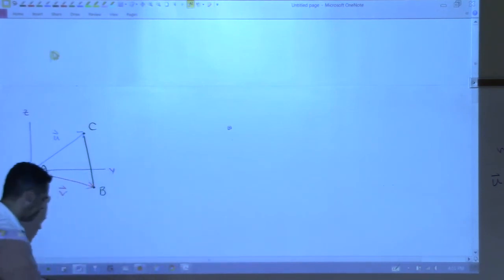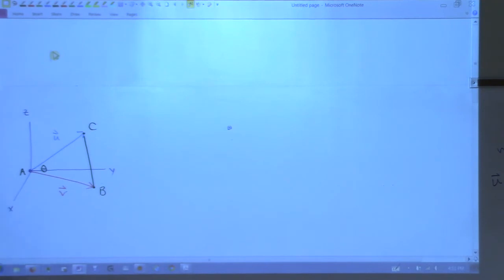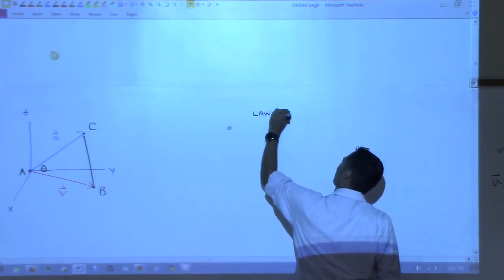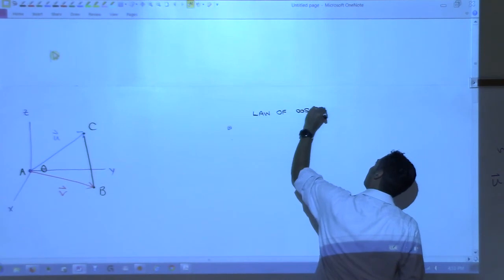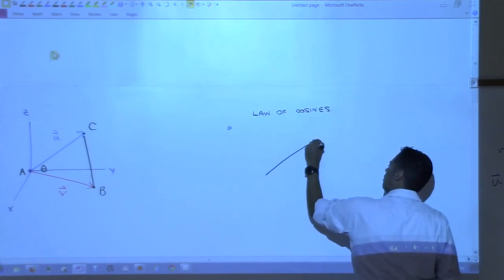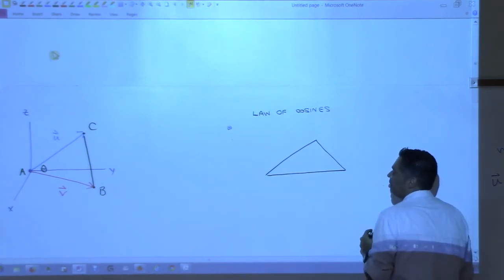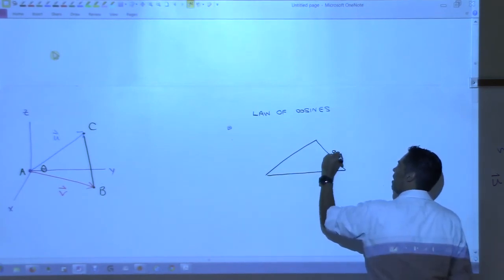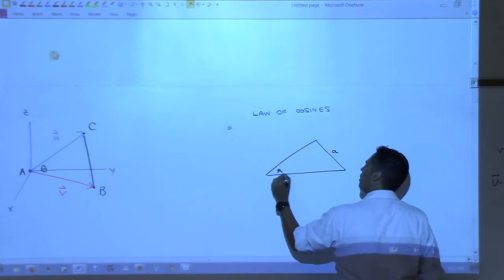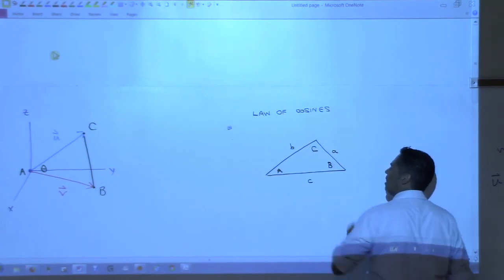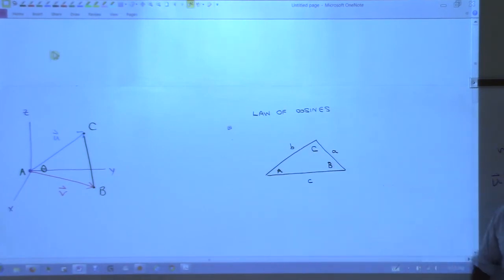So there it is. Now I'm going to go back to pre-cal, and I'm going to go back to the law of cosines. So let's see if you remember the law of cosines. If somebody gives you a triangle like this, and let's say this is side A, angle A, side B, angle B, side C, angle C. Law of cosines would say, there's three of them, aren't there?